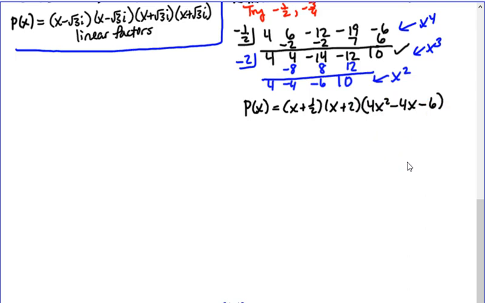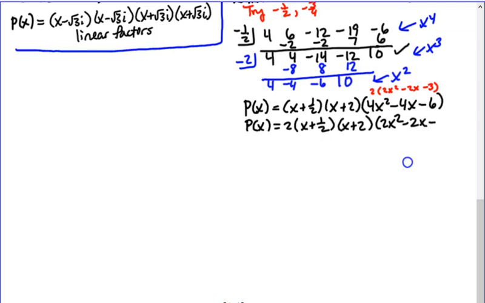So this is the same thing as saying 2 times 2x squared minus 2x minus 3. So I'm going to bring the 2 out front. So I'm going to say p of x equals 2 times x plus 1/2 times x plus 2 times 2x squared minus 2x minus 3.